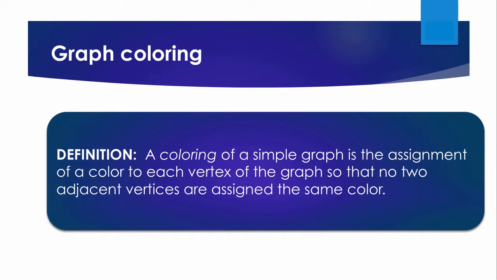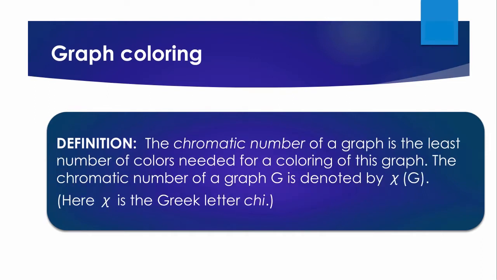A graph can be colored by assigning a different color to each of its vertices. However, for most graphs, a coloring can be found that uses fewer colors than the number of vertices in the graph. So what is the least number of colors that we can use?